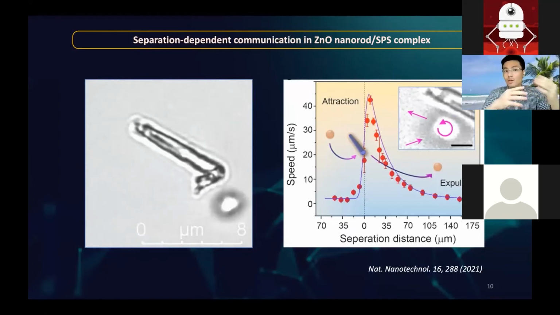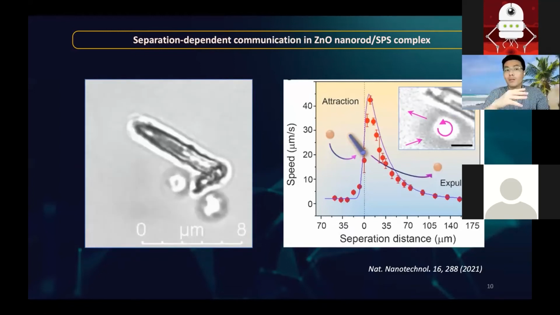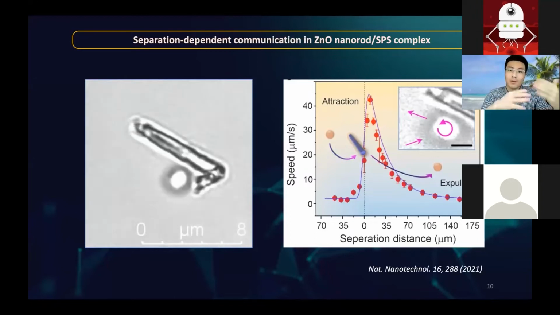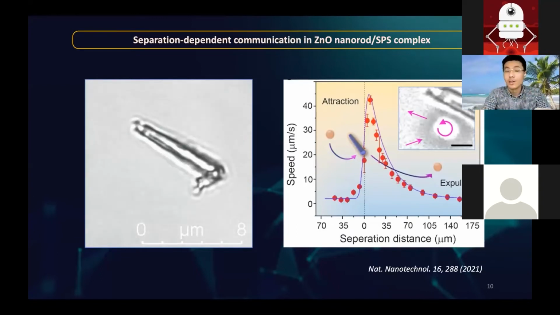So this interaction between the zinc oxide rod and SPS particles is actually a separation-dependent communication, and this is very important in our system, and it will induce the swarming behavior in our system, which I will introduce later.